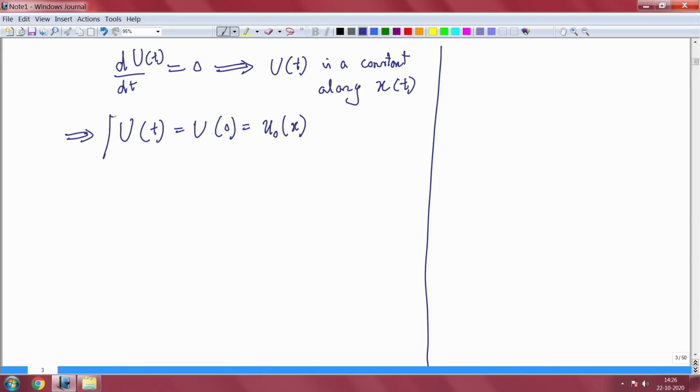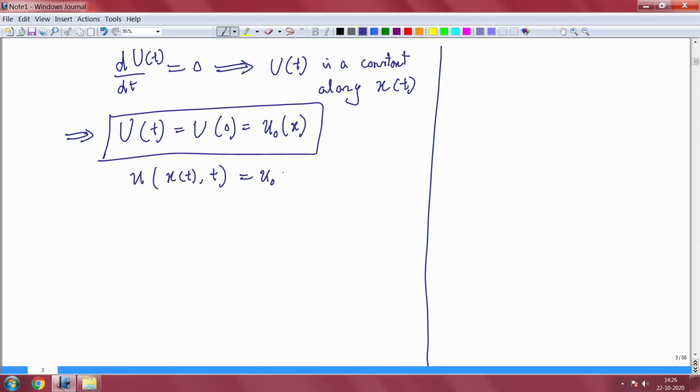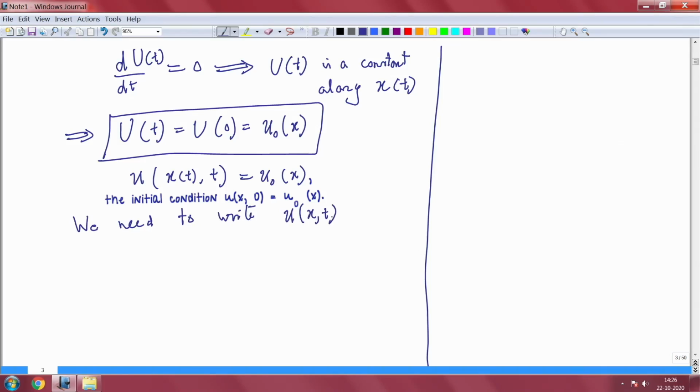So you proved that u of (x(t), t) is this, which is what you get for each of these lines. But we need to write u of (x, t) generally, for x and t not just along the line.